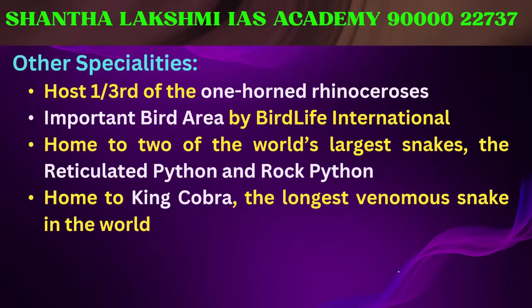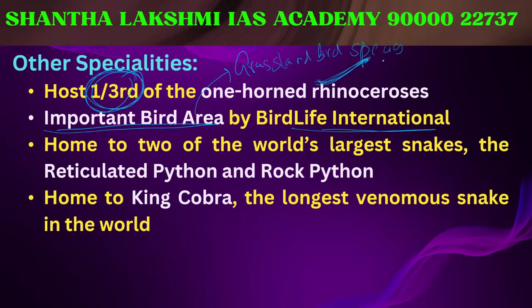This Kaziranga National Park hosts one third of the world's one-horned rhinoceros. So, see, one third of the world's one-horned rhinoceros, and it is also declared as an important bird area by BirdLife International due to the presence of grassland bird species, like finch, weaver, parakeet, and others.